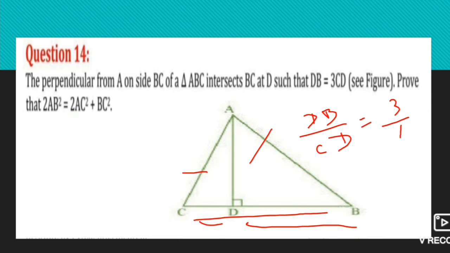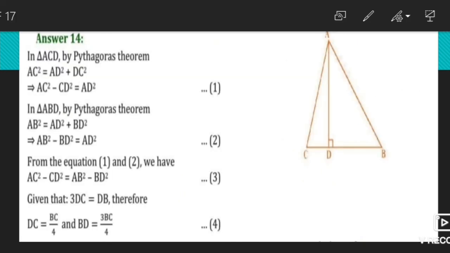So let's check the solution. Now if you look at the figure, since angle D is 90 degrees, you can say that this one is a right angle triangle and you can use Pythagoras theorem on it. So you can write AC square is equal to AD square plus CD square. From here you can evaluate the value of AD square and mark this one as equation number 1.